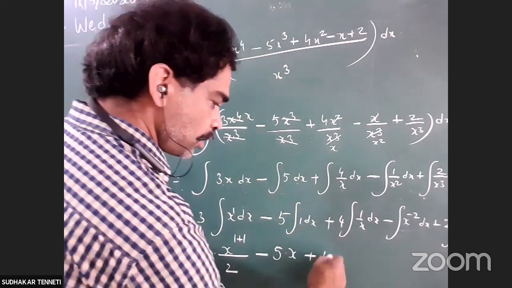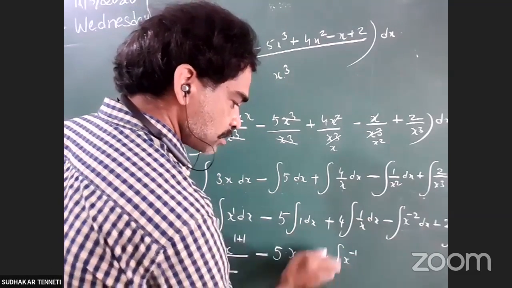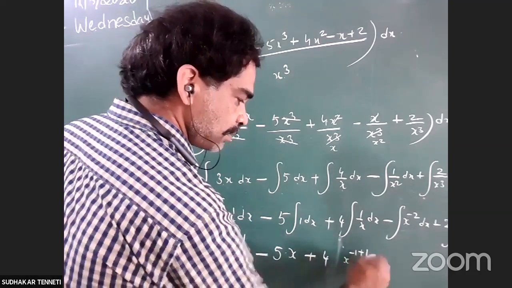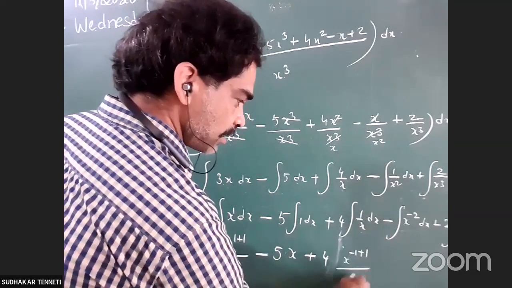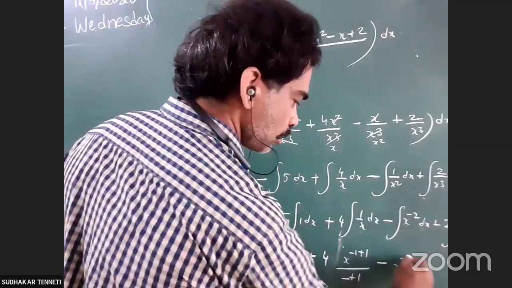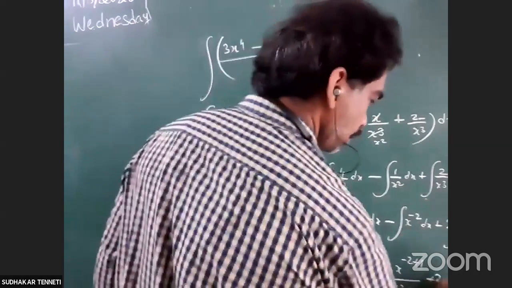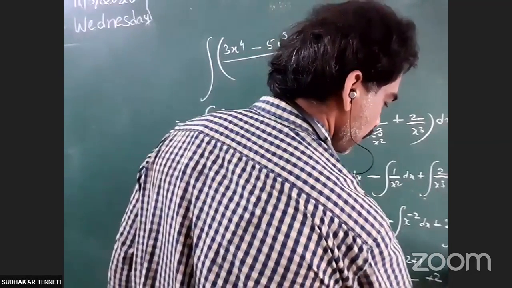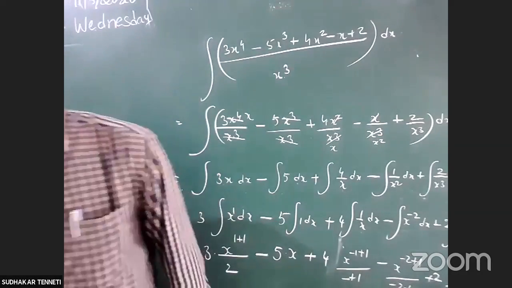Plus 4 into integral of 1 by x, how can you write? x power minus 1, so x power minus 1 plus 1 by minus 1 plus 1. You can write like that. Minus x power minus 2 plus 1 by minus 2 plus 1, plus 2 into 1 by x cube means x power minus 3 plus 1 by minus 3 plus 1. So you can write like that.